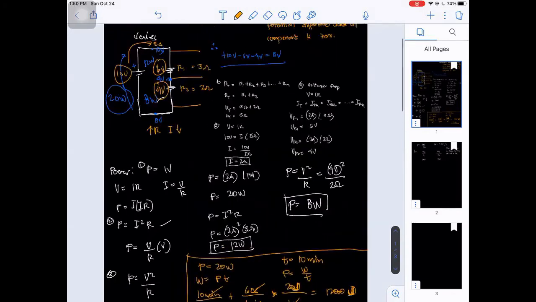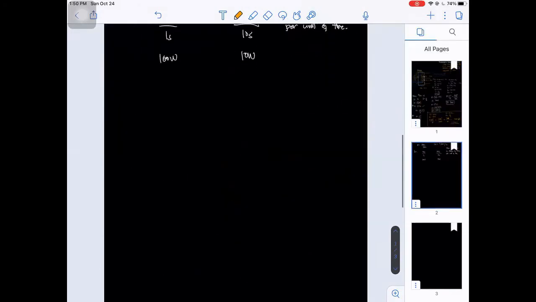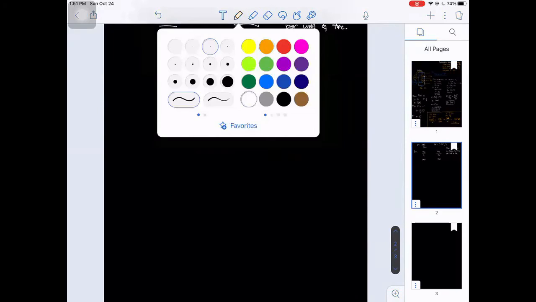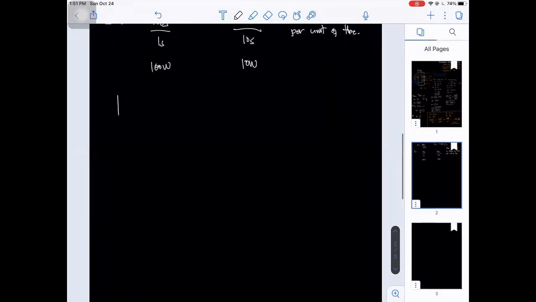So this is for series circuits. Let us have more examples for series circuits. Let us have another problem. Let's say, for example, we have a circuit with R1, R2, and R3.